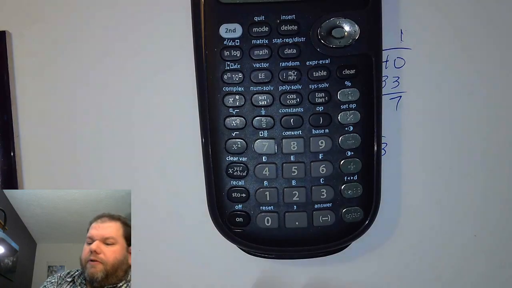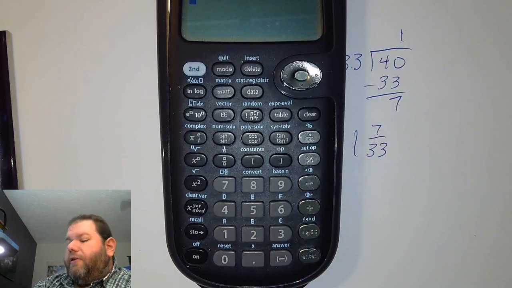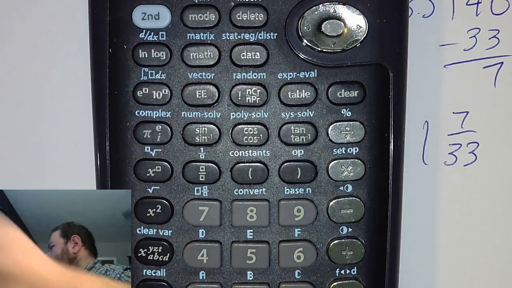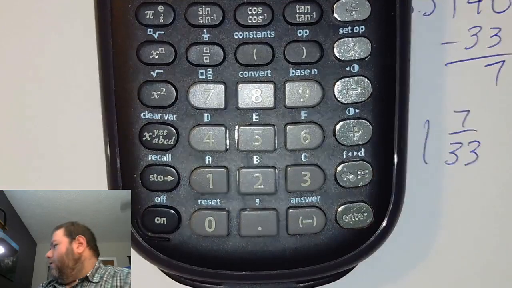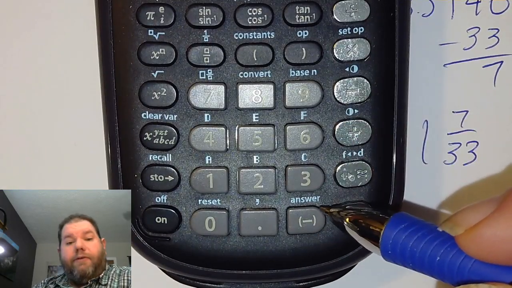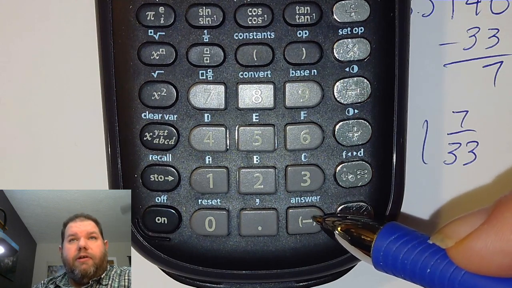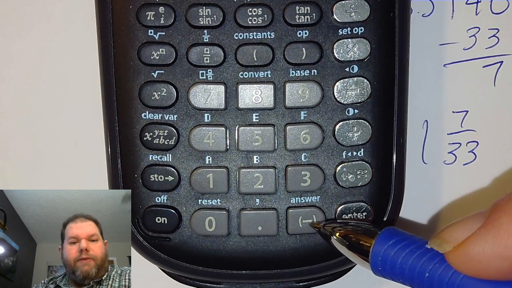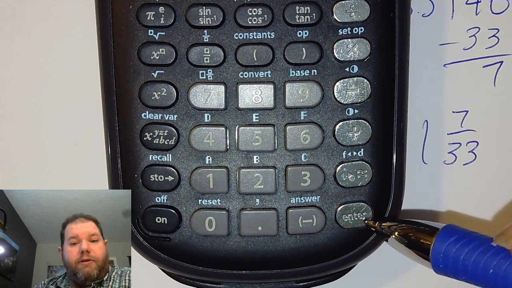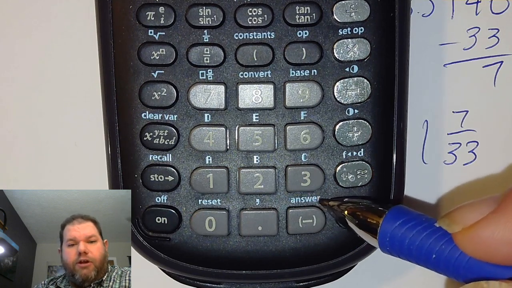On this calculator, let me zoom in a little bit, it says right above the minus key here, it says answer. And what that answer stores is the most recently arrived at solution. It just stores whatever we entered last, like with the enter button. Whatever answer we got from there is stored in this location.